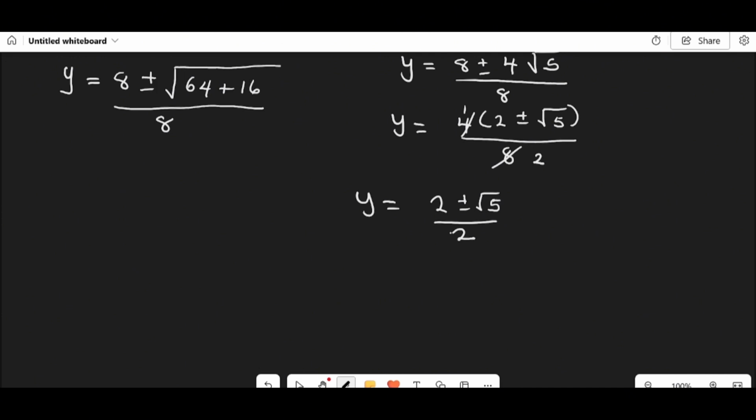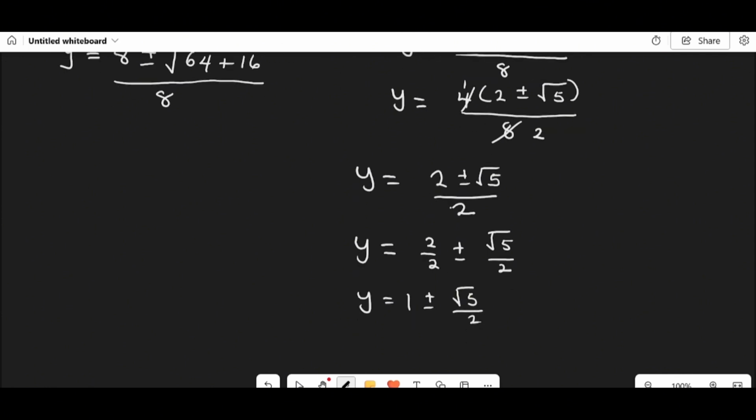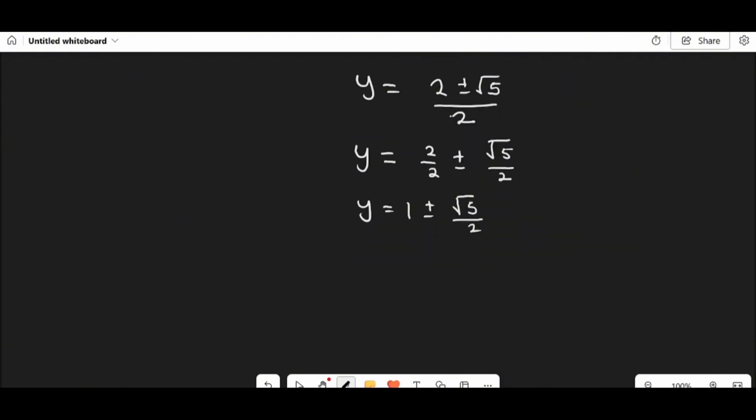And y equals 2 all over 2 plus or minus root 5 all over 2. This is still the same thing as this. So y equals 1 plus or minus root 5 all over 2. That's the root of our quadratic equation.